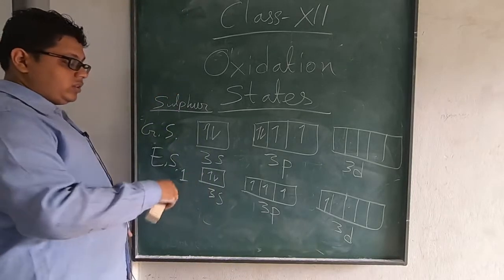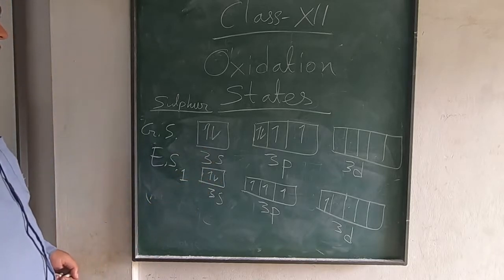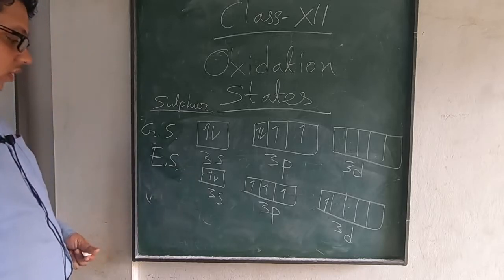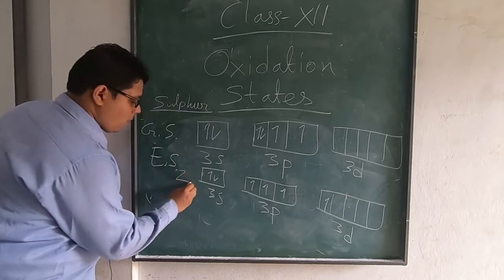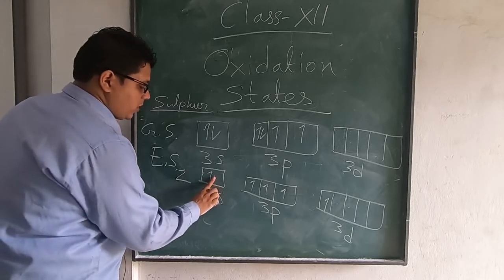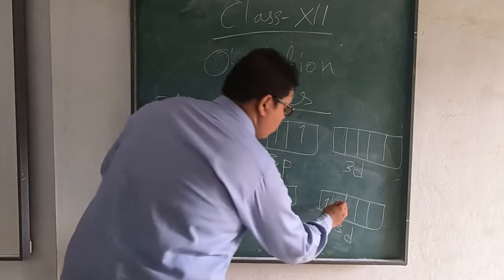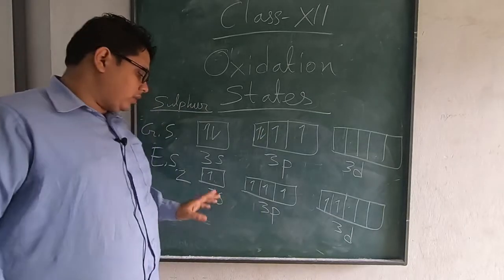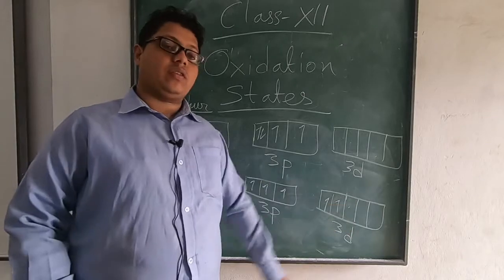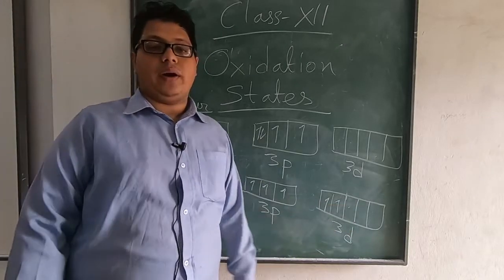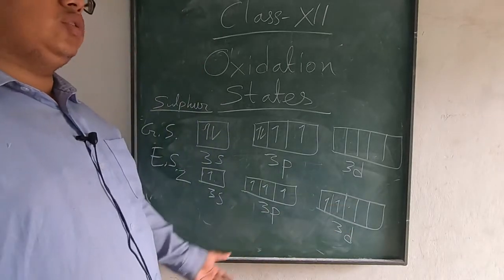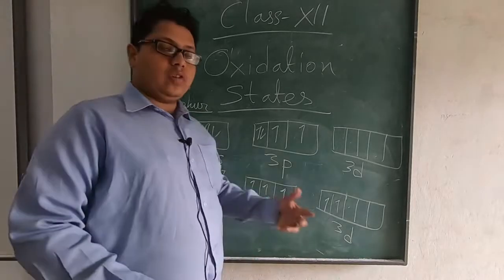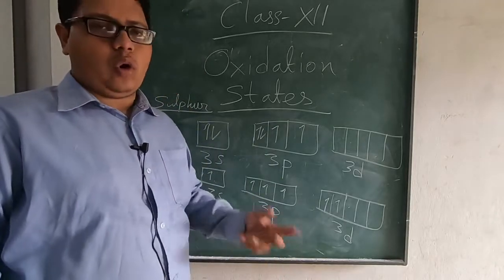If I show the second excited state, then one more electron will jump. As we can see here, there are 1, 2, 3, 4, 5, 6 unpaired electrons in 6 orbitals. So we can have an oxidation state of 6, which is possible in the case of sulfur but not in the case of oxygen.